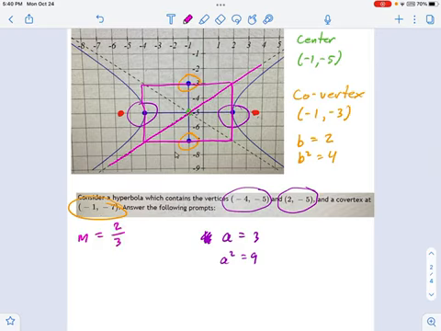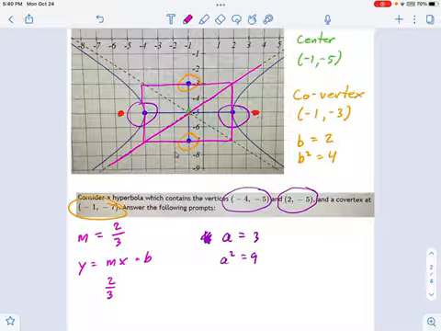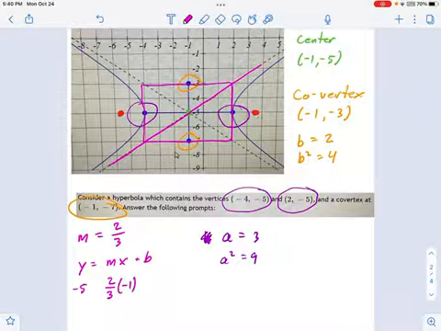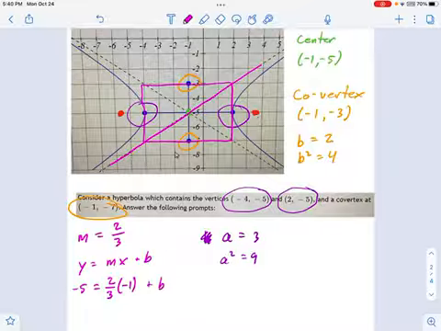M equals 2/3. So now we say, okay, y equals mx plus b, and we plug in the values we know. One thing we know, we just mentioned, is the slope, but we also know a point. I know x and y for the center point, which that asymptote passes through. The center is located at -1, comma -5. So it's going to be -5 equals 2/3 times -1, plus b.